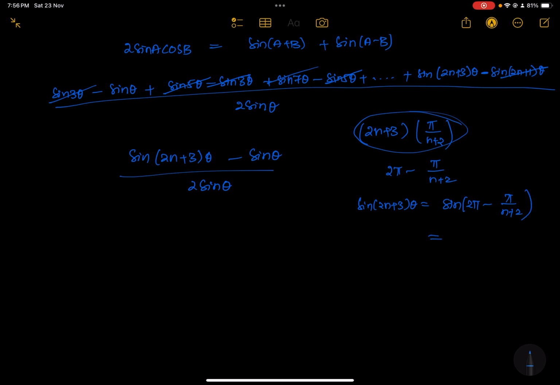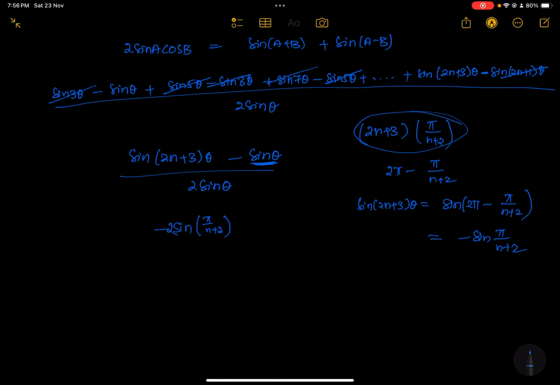Sine of 2 pi minus theta is minus sine theta, so this is minus sine pi by n plus 2. And sine theta is also sine pi by n plus 2.